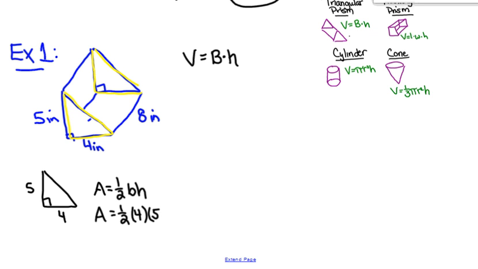There we go. So my capital B, or area of my base in this formula, is the area of that triangle, or 10, times the height of my prism. Remember, the height of the prism is going to be the distance that connects your two triangles, so 8.